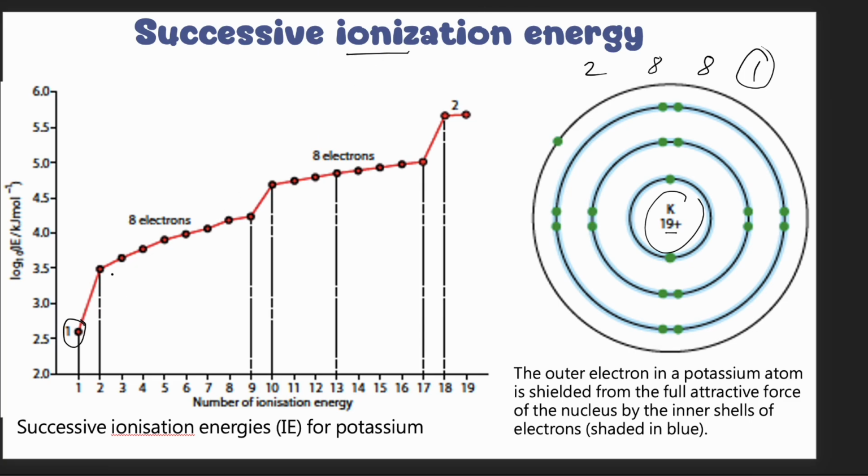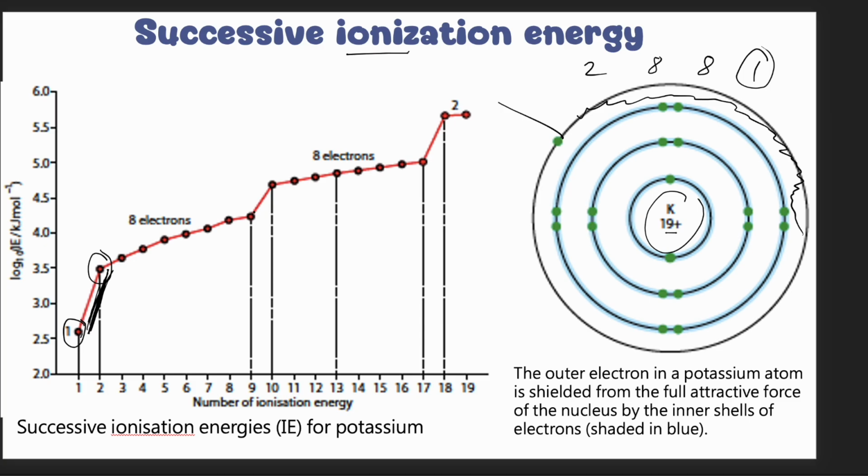And when we remove the second electron, there is a large jump between the first and the second. Okay, as you can see, after you remove this one, there are no more electrons in this shell, and now you move to the third main energy level. So it's a different energy level. That's why there is a high jump.